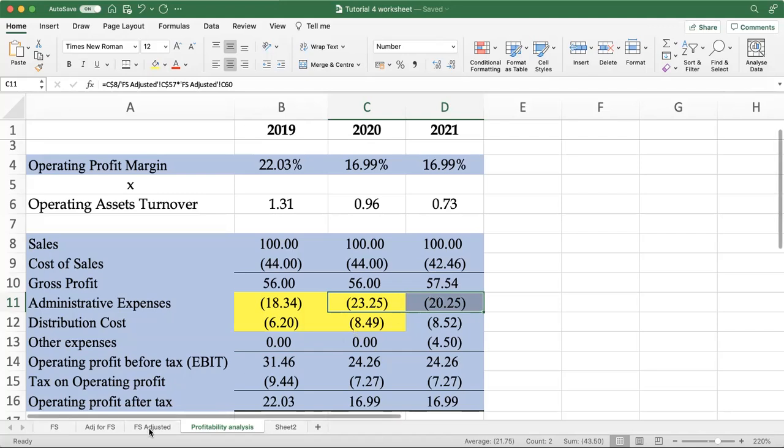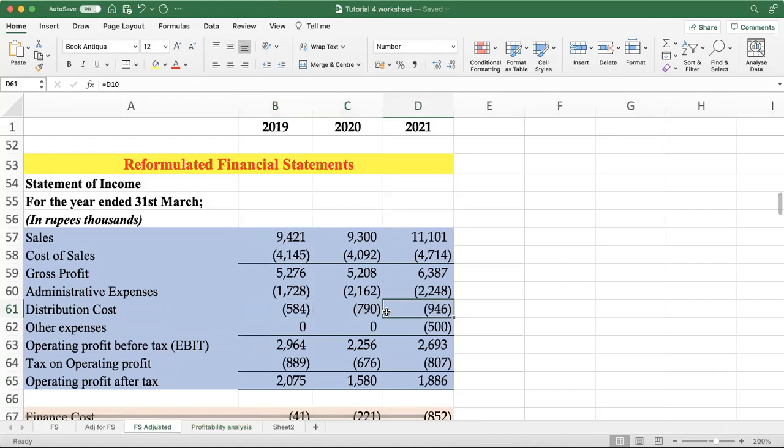So if you see the financial statements, you see sales increase, administrative expenses increase. That's why I'm telling you, when you are interpreting ratios, you have to be very careful.